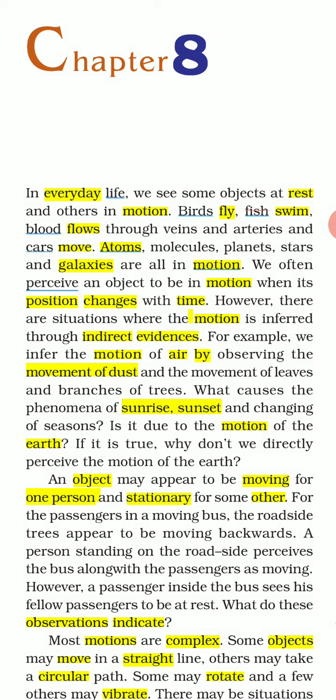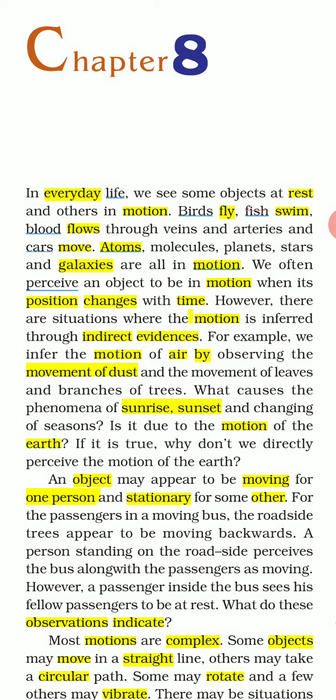As for the passengers in the bus, if you take the example, the passengers inside the bus are at rest with respect to each other.